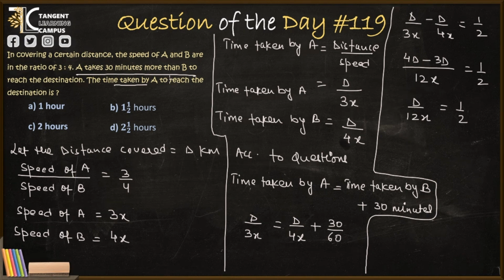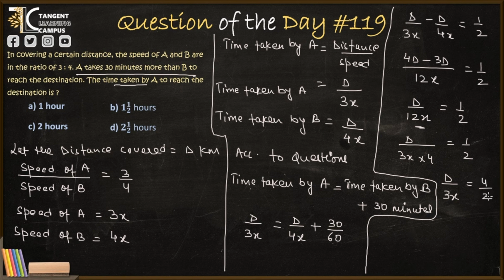Now we need to find the time taken by A, which is d over 3x. So let us break this denominator part, which is 12x, in the form of 3x into 4. So we can write d over 12x as d over 3x into 4, which is equal to 1 by 2. So from here we get the value of d over 3x as 4 over 2.